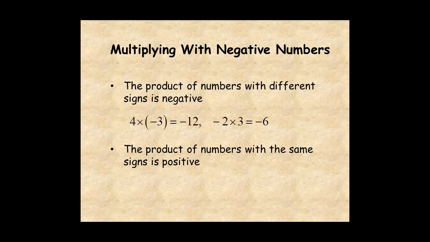The second rule is the product of numbers with the same sign is positive. For example, negative 5 times negative 4 is 20, and 4 times 8 is 32. Different signs, negative, same signs, positive.